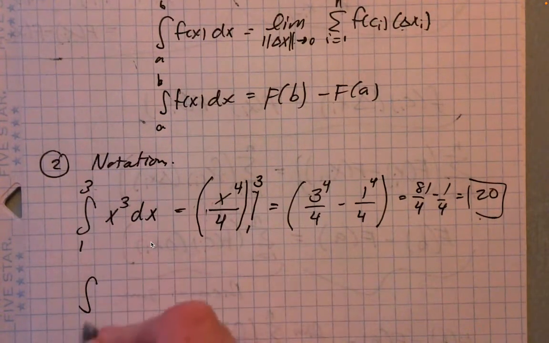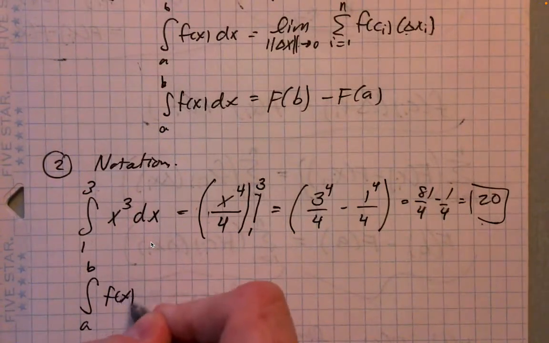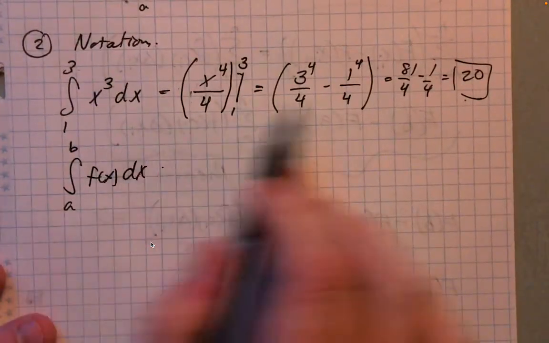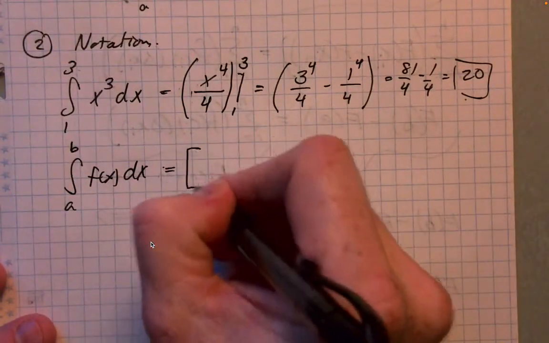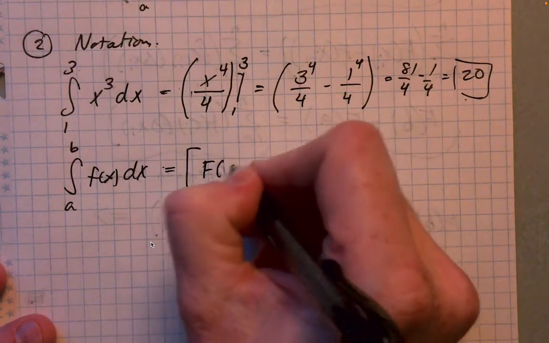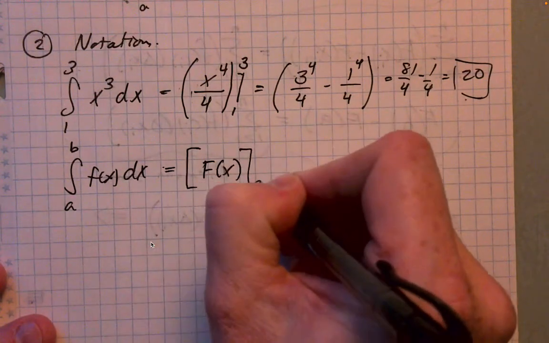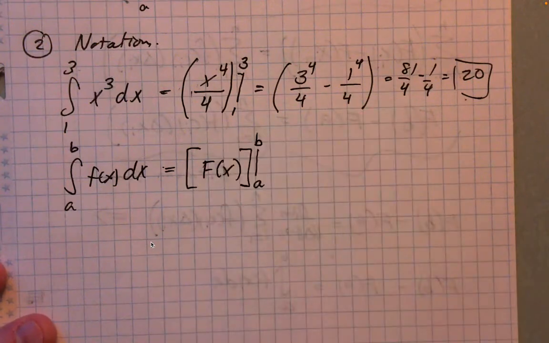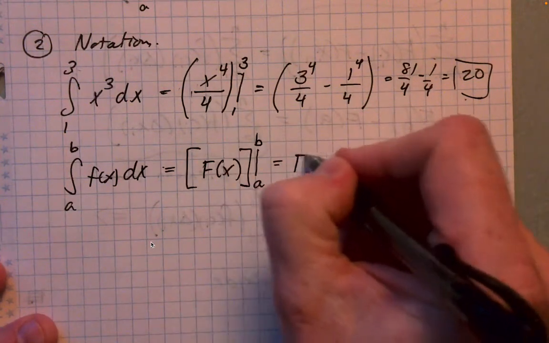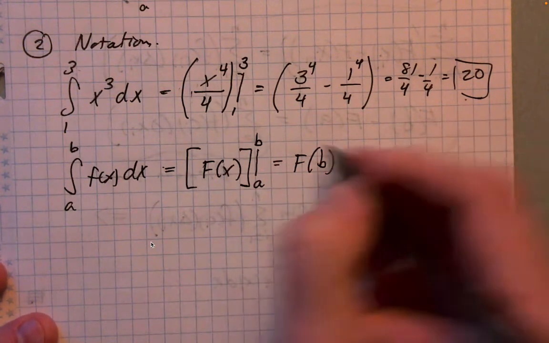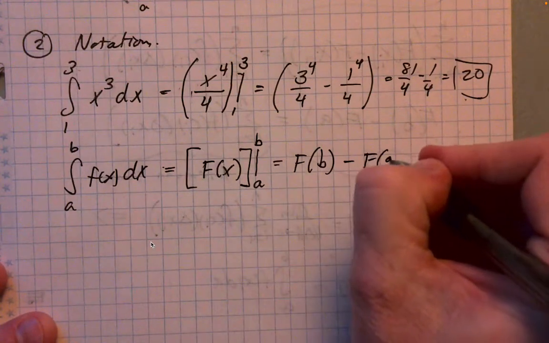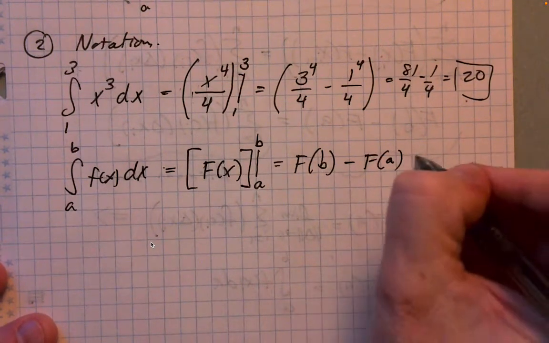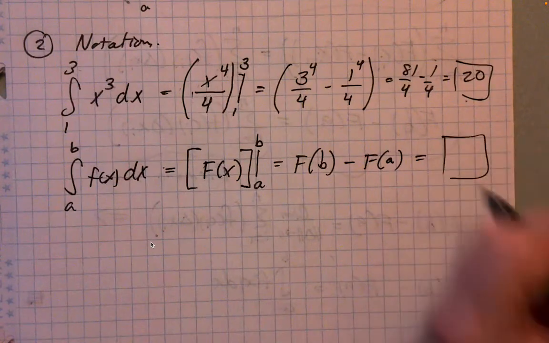If your integral is from a to b of f of x dx, then the way to notate this as you move through the calculation is to say, okay, I found my antiderivative, and it's going to be evaluated from a up to b, and then I'm going to plug in those actual quantities and do the subtraction, right? And that gets you to your answer.